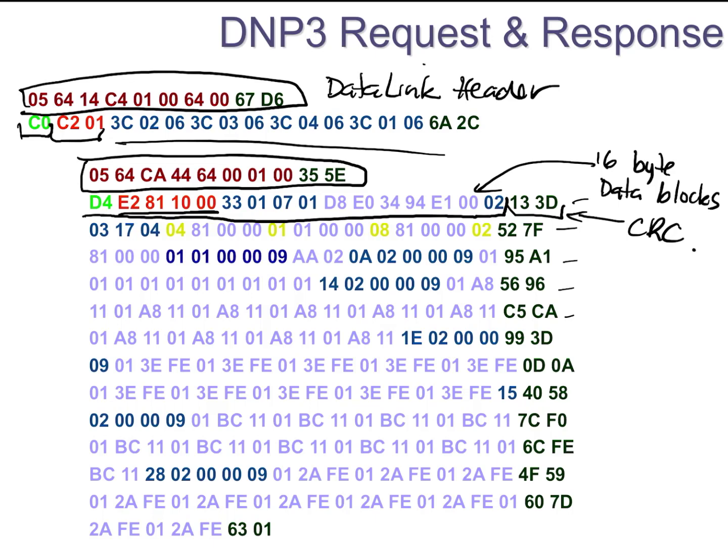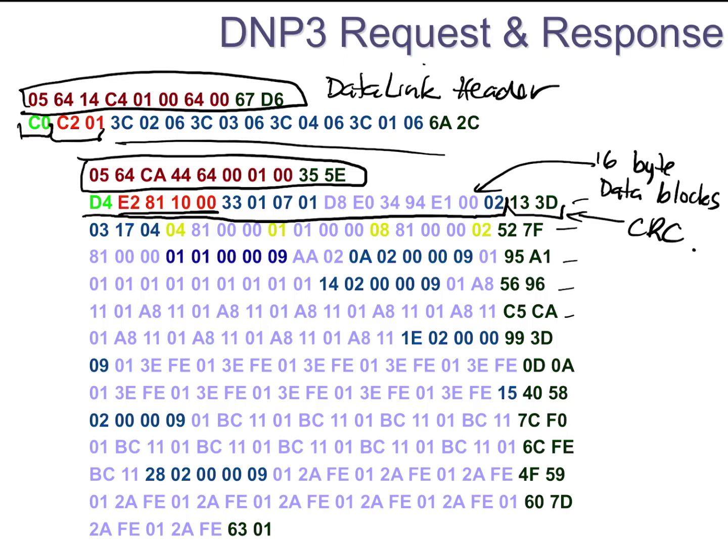The first line is always the data link header and 10 bytes long. It moves down to the second line, starting with the transport header, application header, ending off with the object header. But if it's a larger message, it doesn't just give everything one after the other and end with a 2-byte CRC. It only displays 16 bytes at a time, because a DNP message is formatted that way into 16-byte data blocks, and larger messages are broken down every 16 bytes, another CRC, another 16 bytes, another CRC.